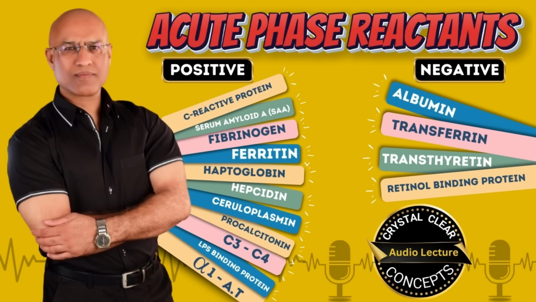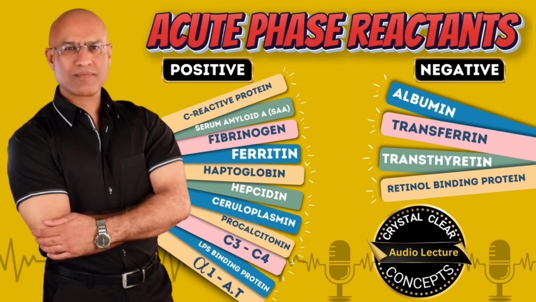right? So increased level of C-reactive protein not only helps us to remove the pathogens, but also helps us to clear our injured cells or apoptotic cells, right? One more function of C-reactive protein.